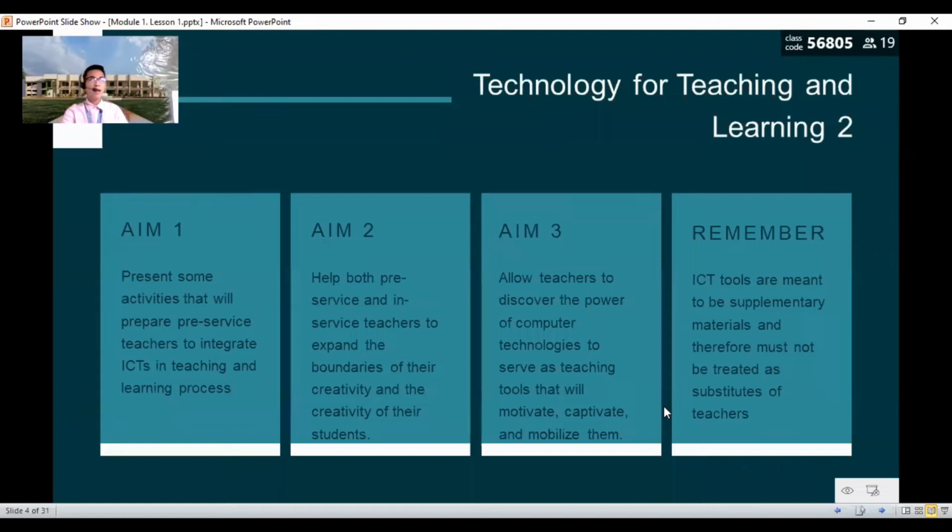Why? Kasi before, magagaling ang teachers. They are good, they are that creative when it comes to the utilization of Manila paper, art paper. Ang gagaling nila mag-integrate ng arts. And these things are considered technology, ano?